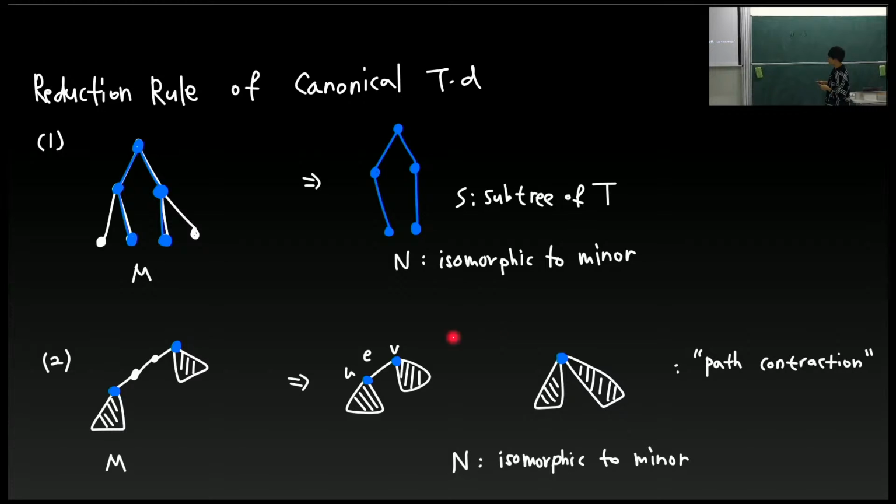The resulting canonical tree decomposition gives a matroid which is isomorphic to a minor of the original matroid. So in this talk, I call the second reduction path contraction.